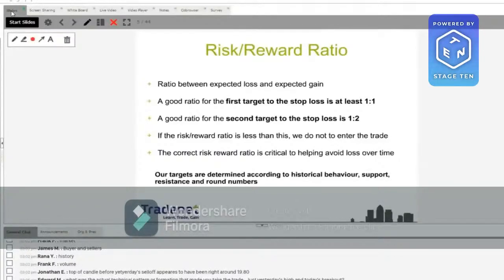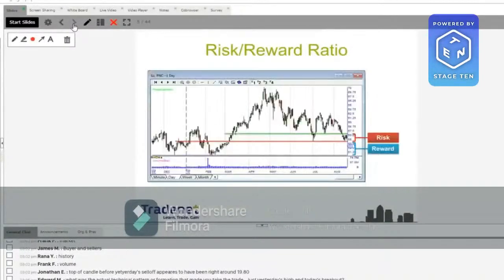Okay, so we're still talking about risk-reward ratio, and what I'm going to show you right now is on the daily, that's a daily chart. Again, we should consider our risk-reward not only based on the intraday. We just saw a good example of intraday behavior, but we shouldn't consider it only based on the intraday. We should definitely take a look at the daily too. If you take a look at, let's say, shorting this stock right over here, that should be your risk.